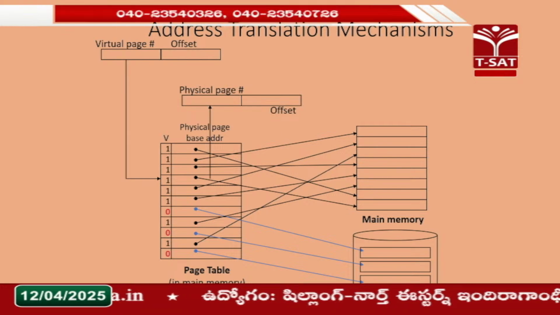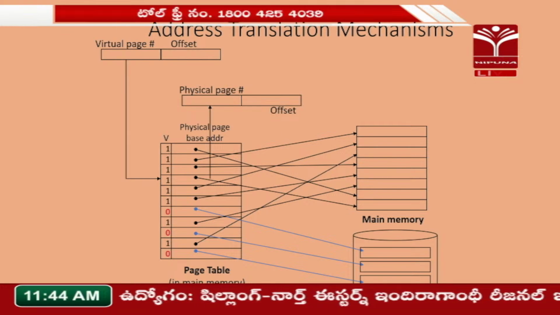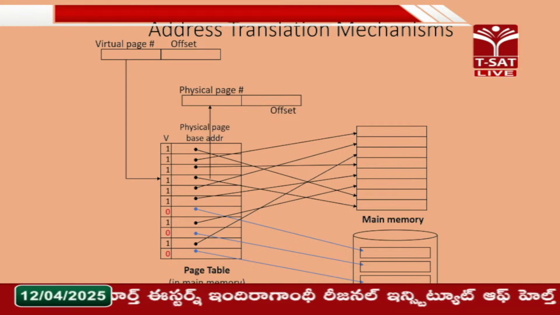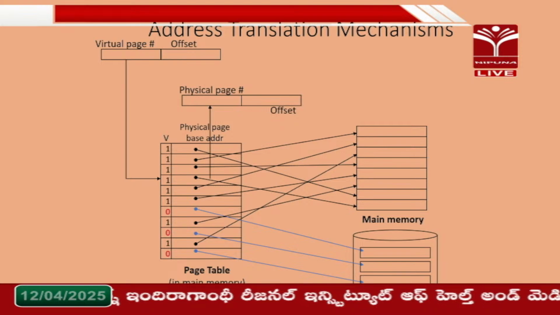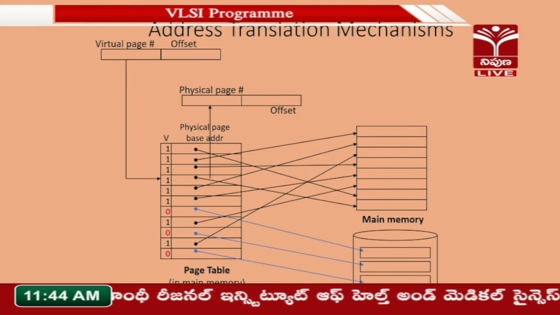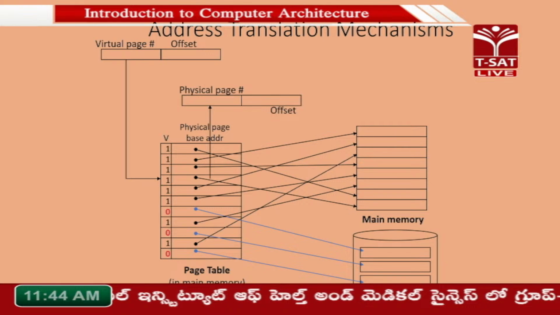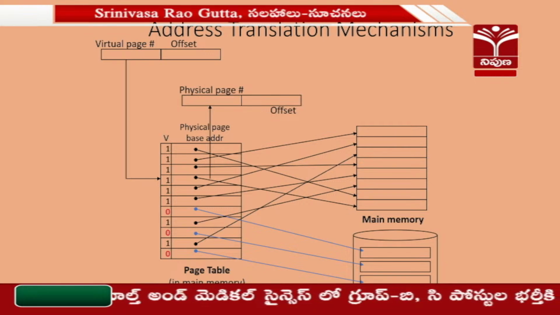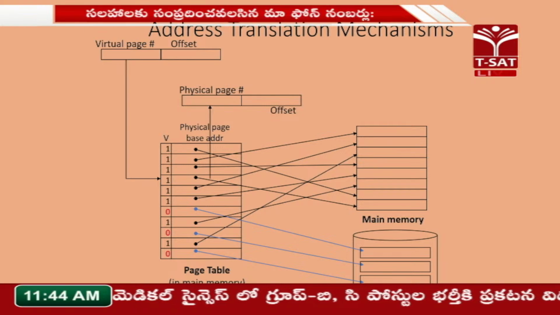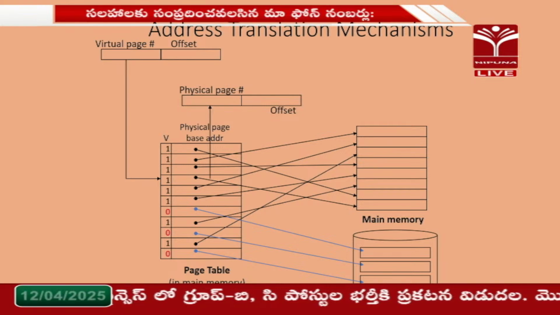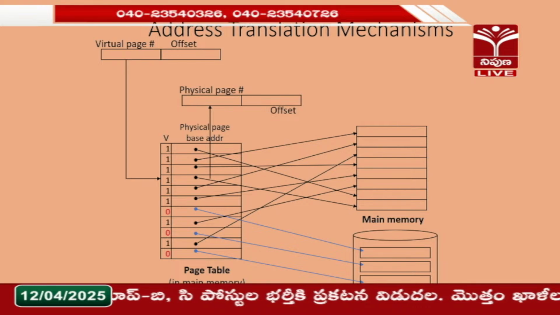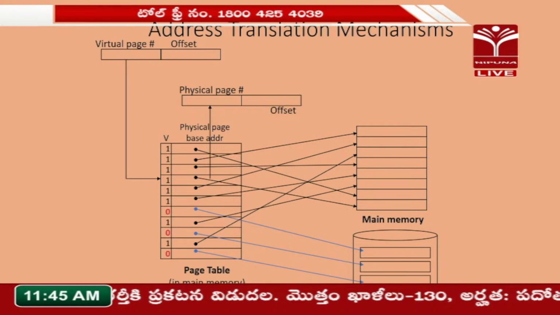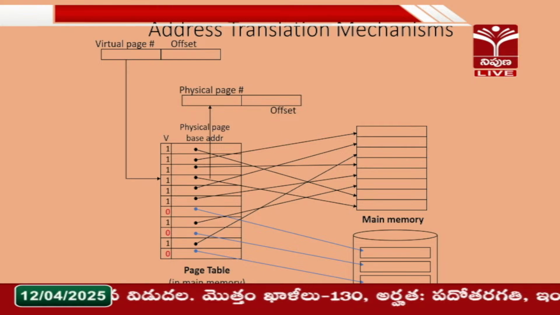Valid bit 0 means the data is in the secondary memory, the disk space, right? So we always want to make sure the valid bit equals 1, because the data is already cached in from the secondary memory to the main memory. Very similar concept as cache. So we are converting the virtual address into the physical address, and the physical address is what accesses the page table and brings the data into the main memory.